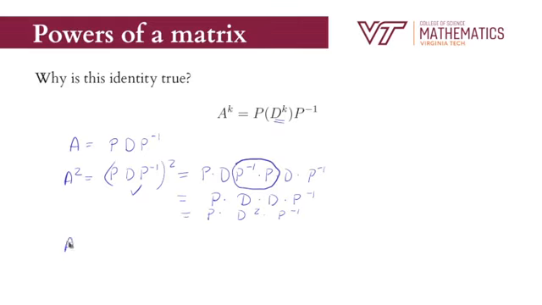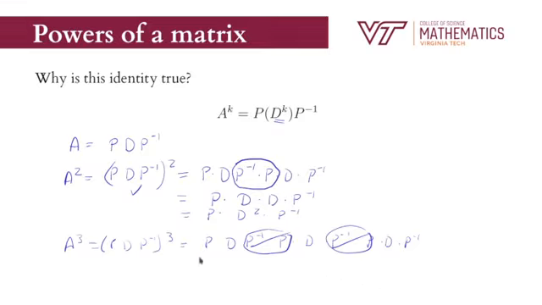And if we keep going, A cubed is PDP inverse cubed, which is PDP inverse times PDP inverse times PDP inverse. But these two matrices cancel, and these two matrices cancel.